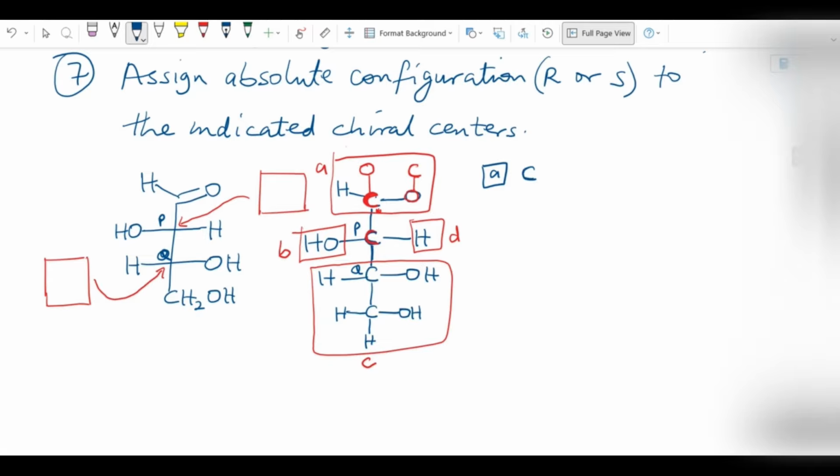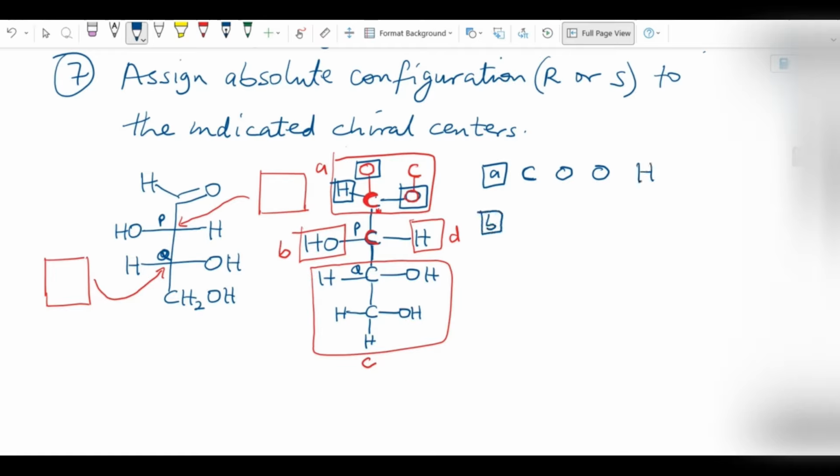Now I will consider the other atoms that are attached to that first atom in group A. The other atoms are hydrogen, oxygen, and another oxygen. Now I will list those atoms in group A in descending order of atomic number. So starting with O, another oxygen, then hydrogen.